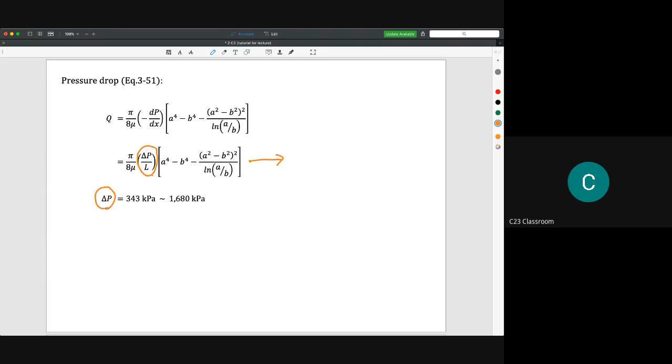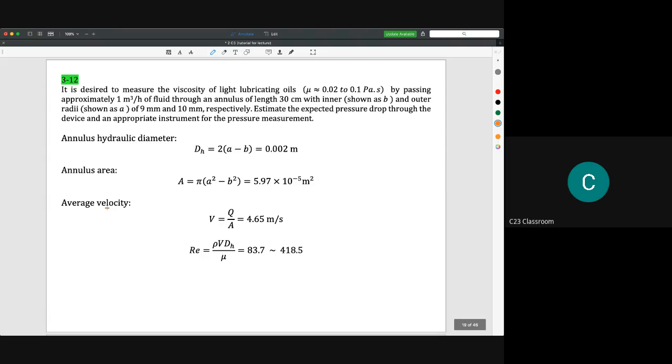However, please make sure that you calculate in SI units. For example, we have 1 meter cube per hour, so you need to change it to 1 meter cube per 3,600 seconds. And then you need to change the 9 millimeter and 10 millimeter to meter units. The Pascal second can stay as it is. 30 centimeter needs to be converted to 0.3 meters.